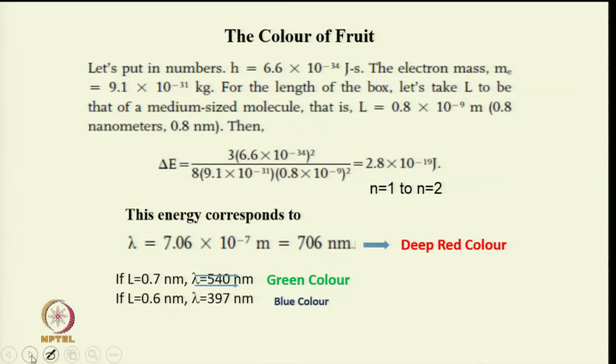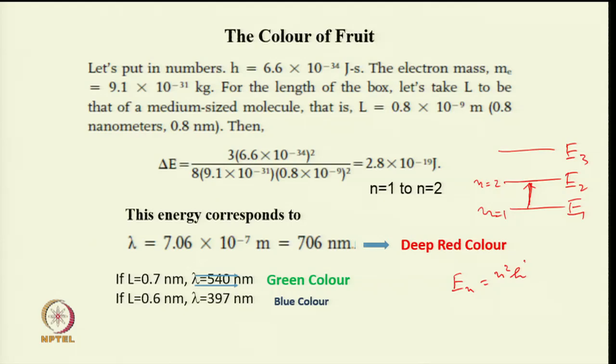We know now the energy of different levels E1, E2, E3, and suppose the transition takes place from E1 to E2. That means I am going from n equal to 1 to n equal to 2, and we know that E_n is equal to n square h square by 8 mL square.